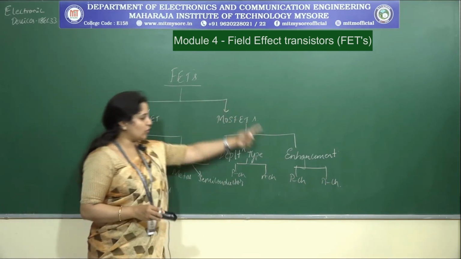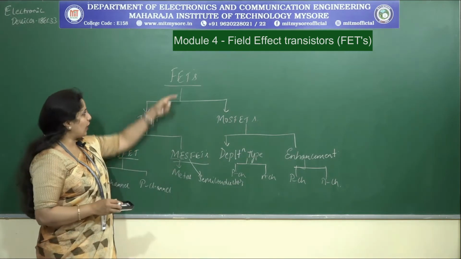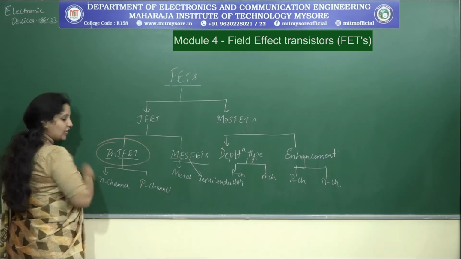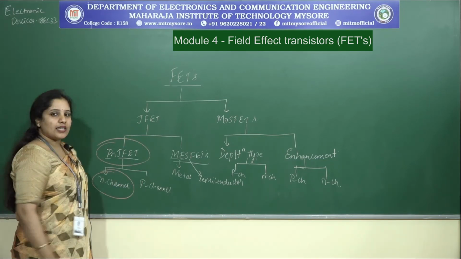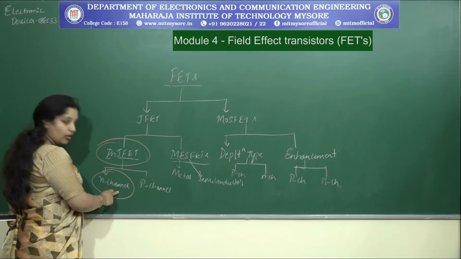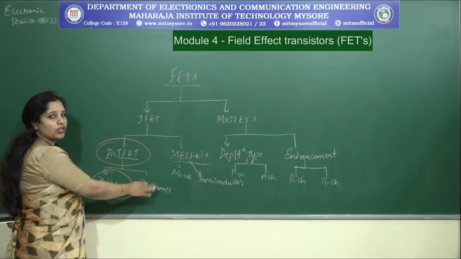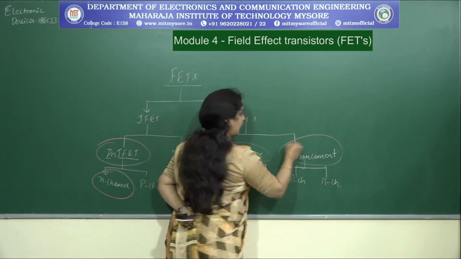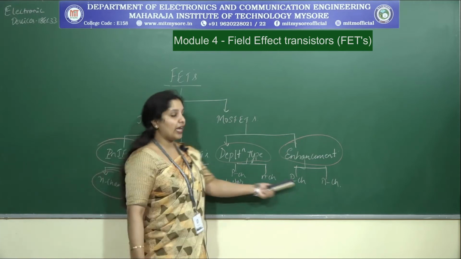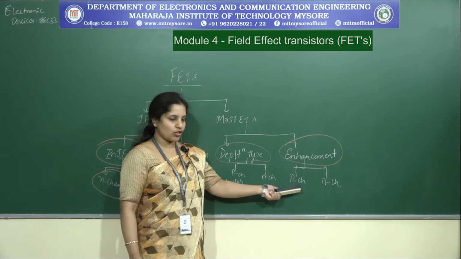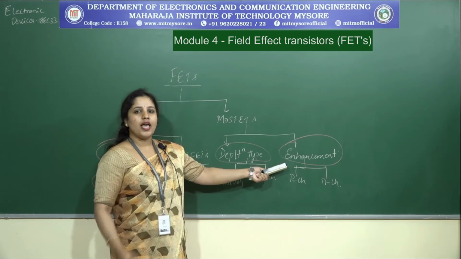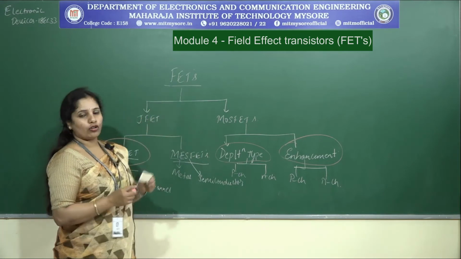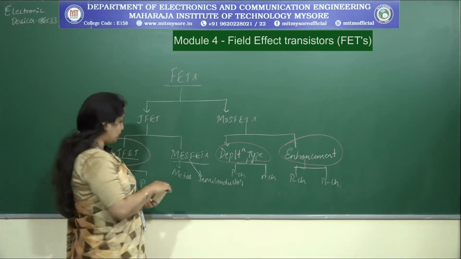So, this is all about the classification tree that you can find for FETs, under which we will be focusing on PN JFETs. We will try to understand N channel in detail, and then you will be able to decode the working principle of P channel by yourself. We will consider any one of the channels, understand how it basically works, and then decode the other type as well. So, this is the outline of this particular module, that is field effect transistors.